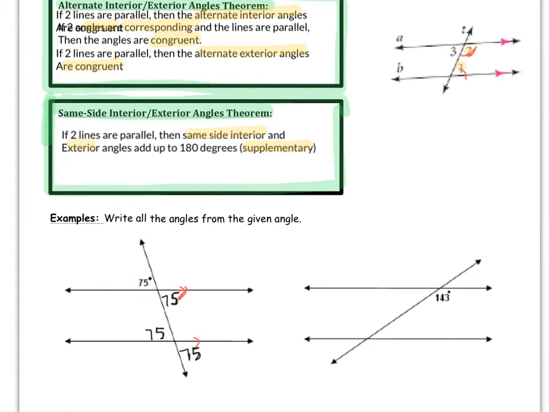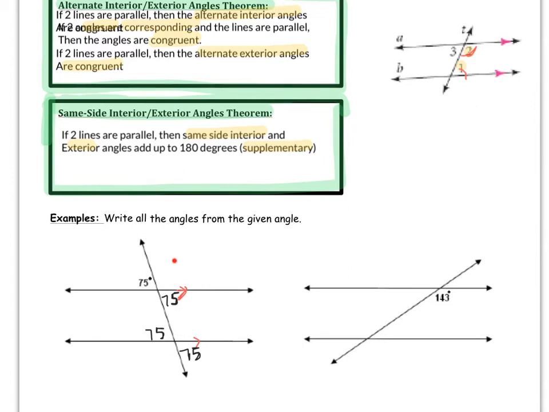Alternate exterior angles are congruent. And I also know this is 75 degrees because if I look at these two angles, they're corresponding. So corresponding angles are also congruent. So there's a whole bunch of different ways you can find those angles. And kind of notice it goes in a zigzag pattern.